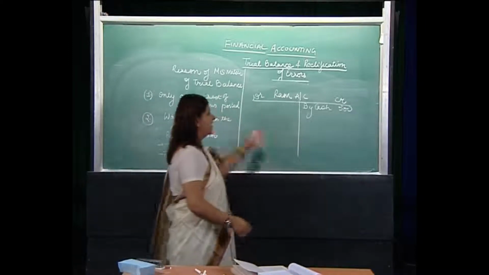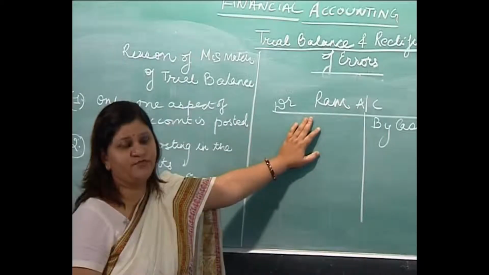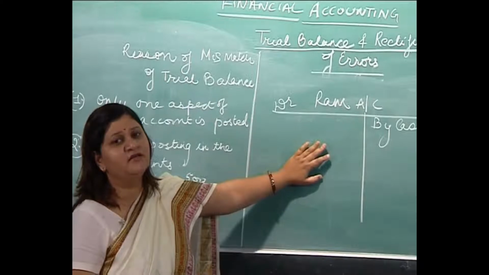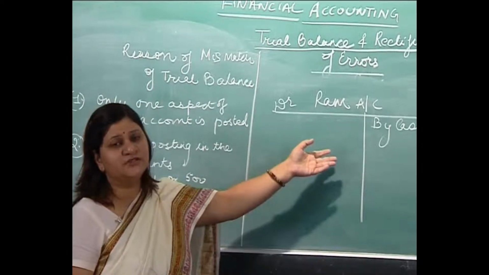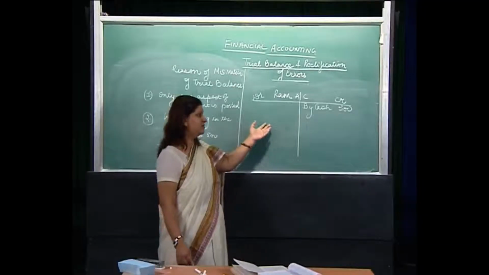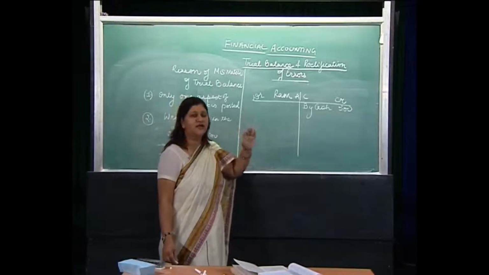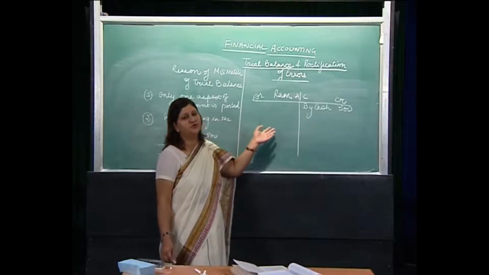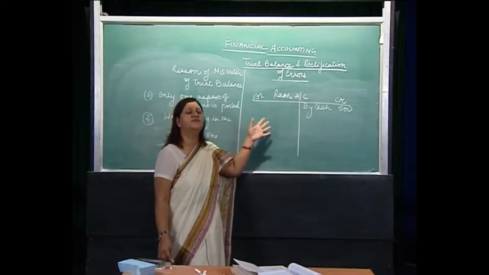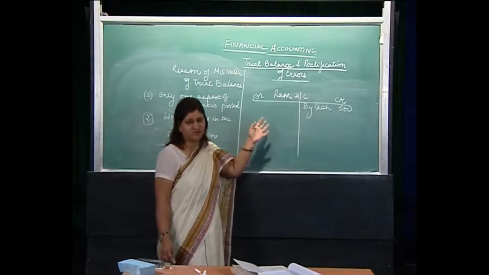So the account gets affected. We were paying Ram 500, but we have shown as if we have received from Ram 500. So the double amount will get posted. On one hand, we are showing a wrong receipt, and on the other hand, the expenses are not being shown. So in order to mitigate this error, we have to doubly post this account while doing the rectification.